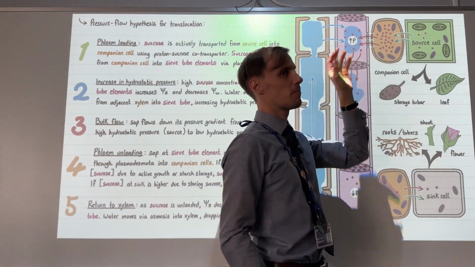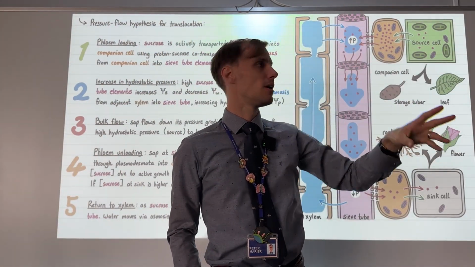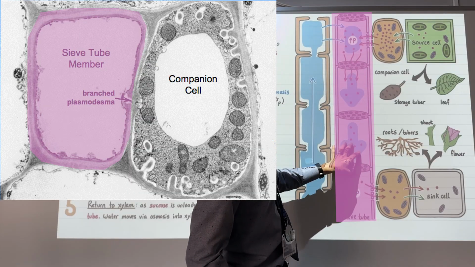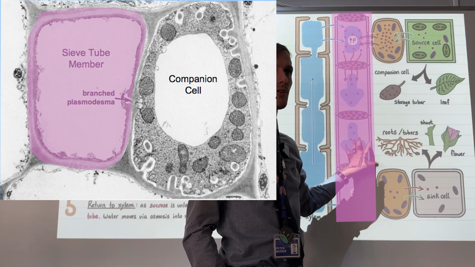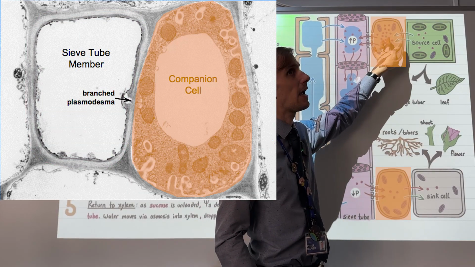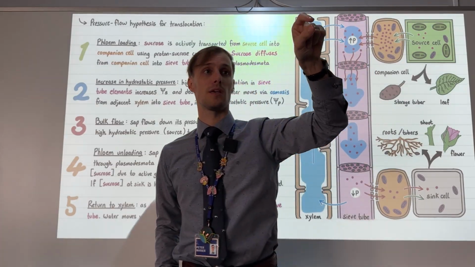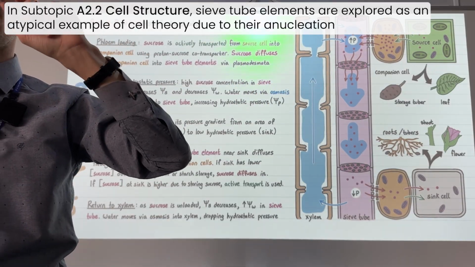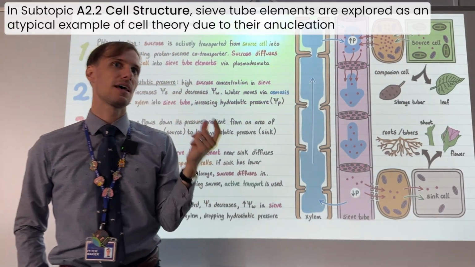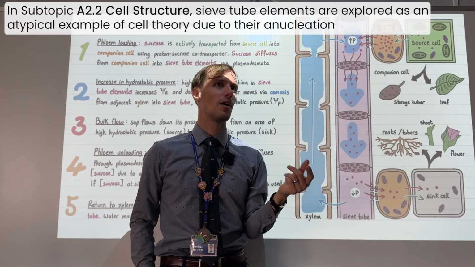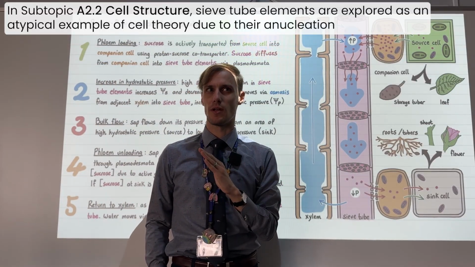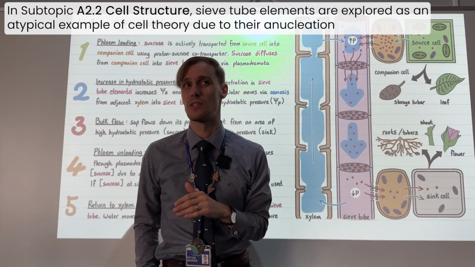So the phloem comprises two elements here, something called the sieve tube element, or sieve tube cells, and the companion cells. Now we've explored this in the cell topic when I said that these cells are kind of a weird exception to cell theory. They're atypical examples of cell theory.